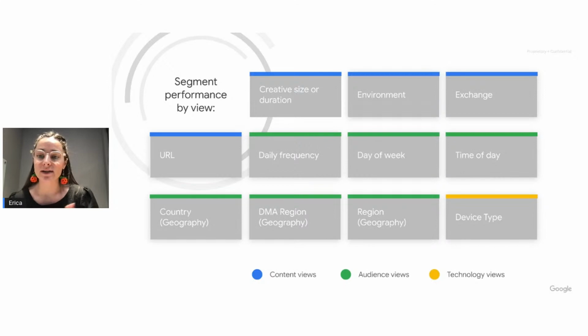So whether that's increasing a frequency cap, optimizing towards a certain day of the week, looking at certain regions, there are a lot of different ways that you can lean on DV360 to get a better sense of where there are opportunities to improve. The last category is technology views, which is truly just device type, but still within this list, you have a really robust set of options to explore as you're looking to make campaign performance tweaks.